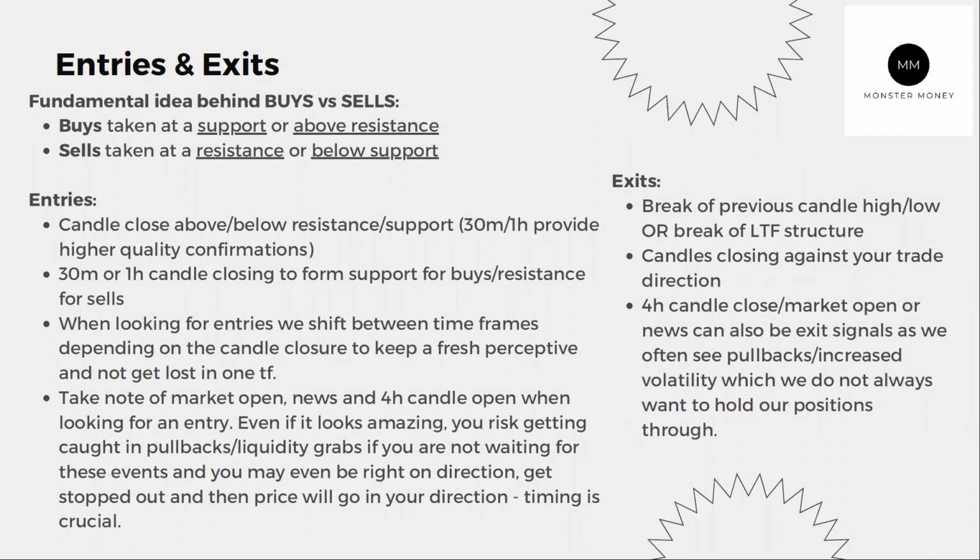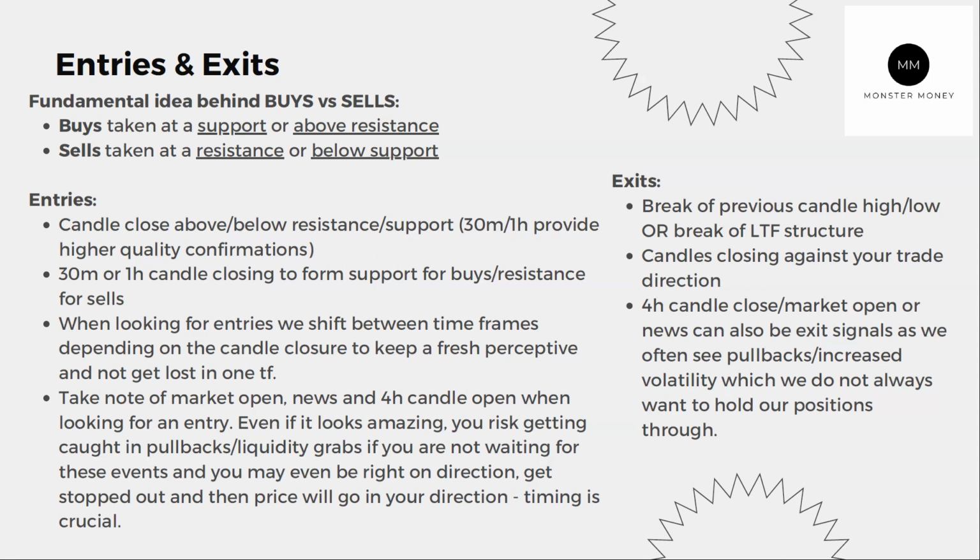So I do like to wait when we are waiting for a resistance to form or a support to form. I like to see a 30-minute or an hourly closing the majority of the time, as when we are waiting for, let's say, a support to form when we are looking for buys, we'll generally see, obviously, we are in an uptrend, then we are experiencing a pullback.